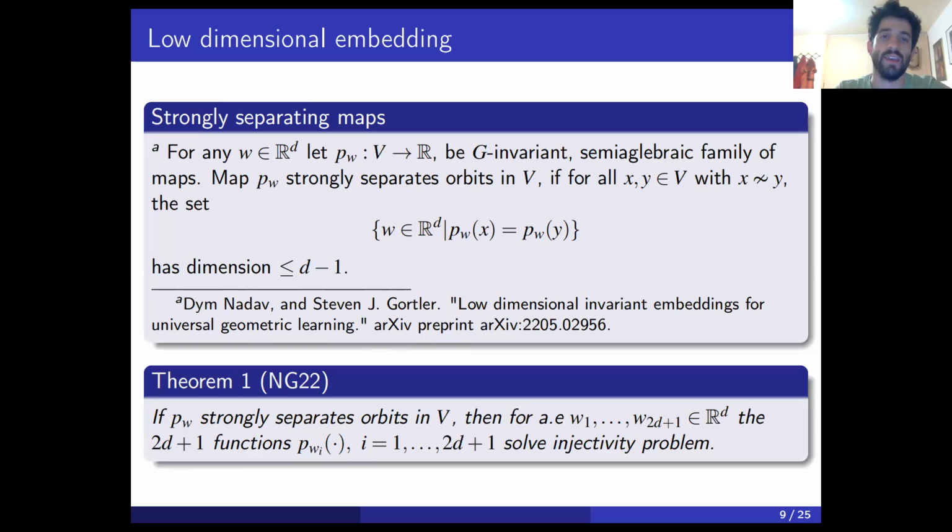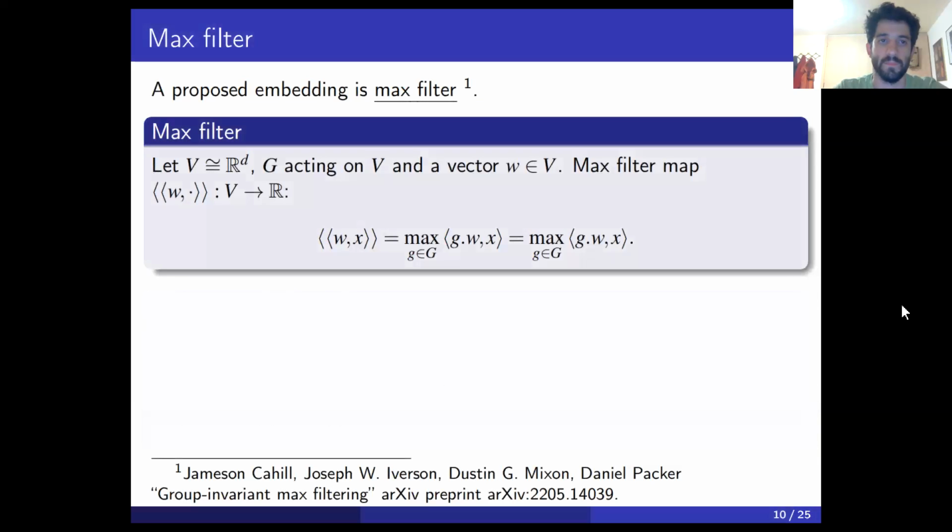So this is like the target space. It's, let's say, low dimensional. Its dimension is approximately 2 times the dimension of V. And a specific example of such a strongly separating map is the max filter that was introduced by Cahill, Iverson, Mixon, and Packer.